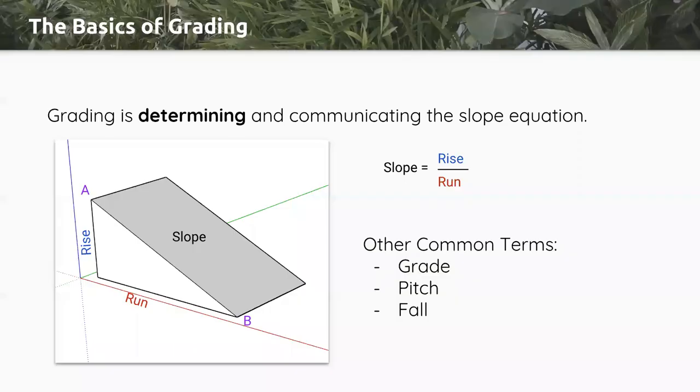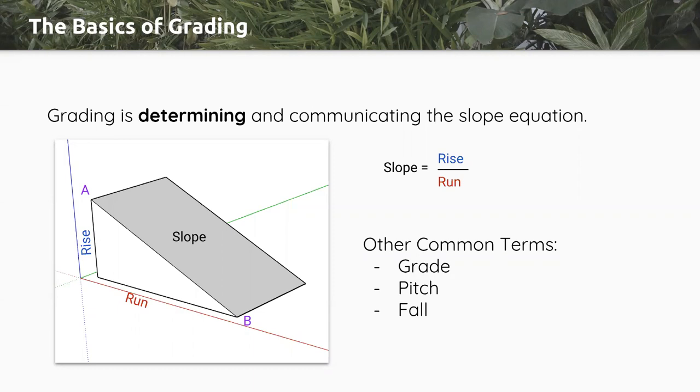So the very first thing about grading, I broke it down to: grading is determining and communicating the slope equation across your entire site. I'm simplifying this a lot, as you can see by this diagram. And like I said, I encourage you to learn this from multiple sources, but this is the equation you have to memorize, especially if you haven't done your LARE exams for landscape architecture.